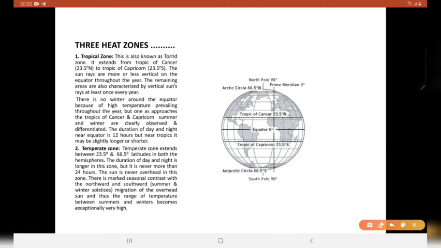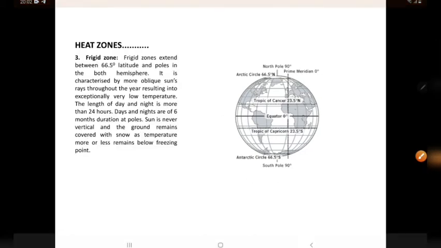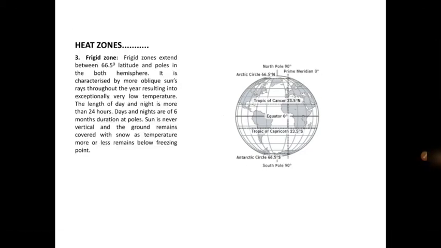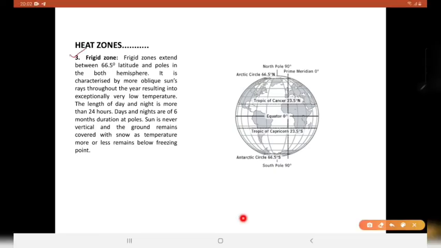Now, the third climatic zone or temperature zone is the frigid zone. This frigid zone extends from 66.5 degree up to 90 degree in both hemispheres, means it extends from here to here and from here to here.